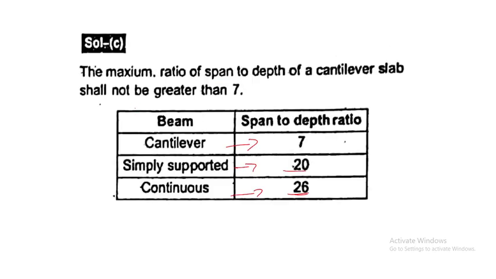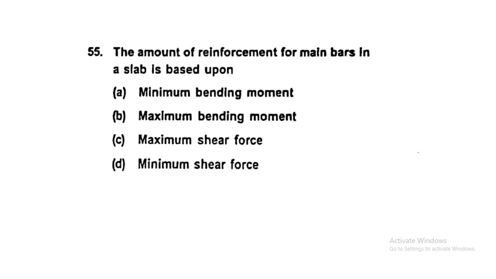These are all span to depth ratios. Even if they give the direct value, you have to remember the conditions in reverse also. If they give a span to depth ratio of 20 and ask which type of beam, you have to answer simply supported.